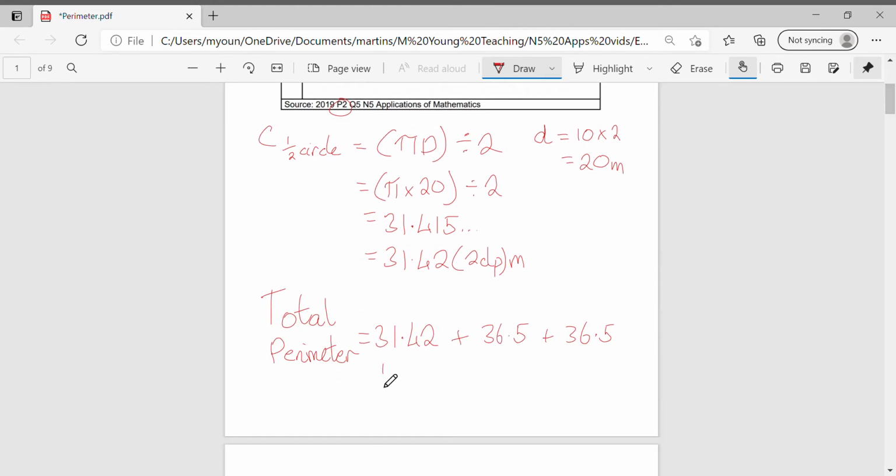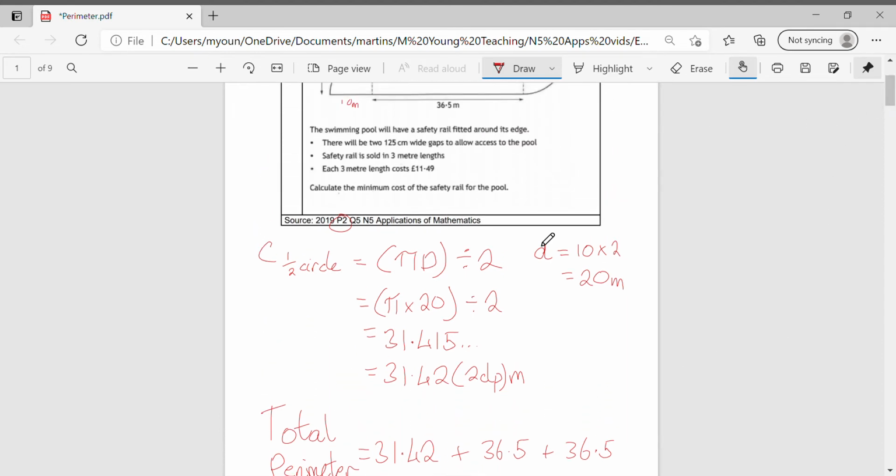Just be very careful that you've definitely worked out the length all the way around the outside. Add those all up. It is calculator, so you might as well do this on the calculator. So that's 124.42 metres.